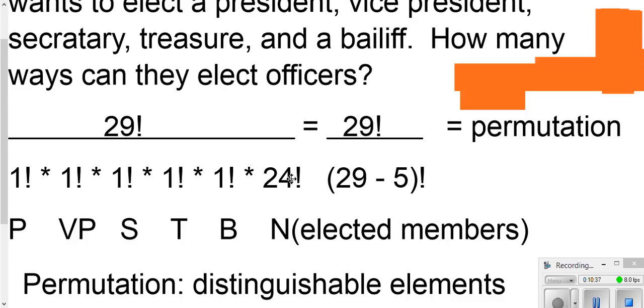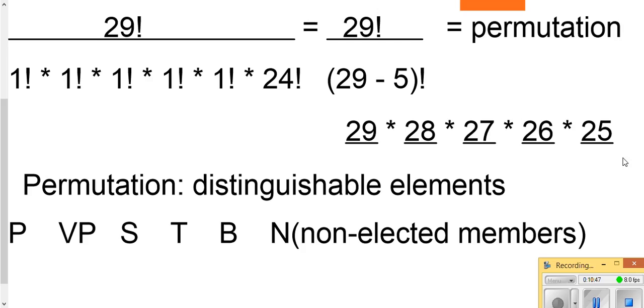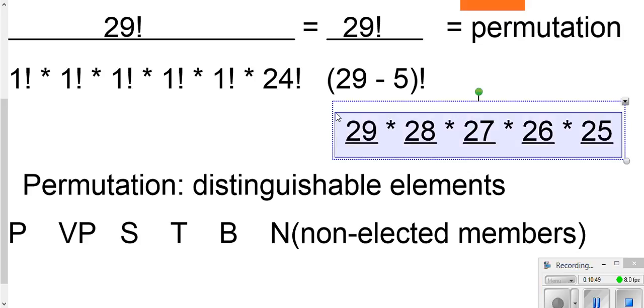Now, it could be done with the dots like we did the very initial problem. And you could write the following. So it could be written like this. If you take 29 factorial over 24 factorial and simplify it down, it would get this. Because you'd have 29 options for the first person.